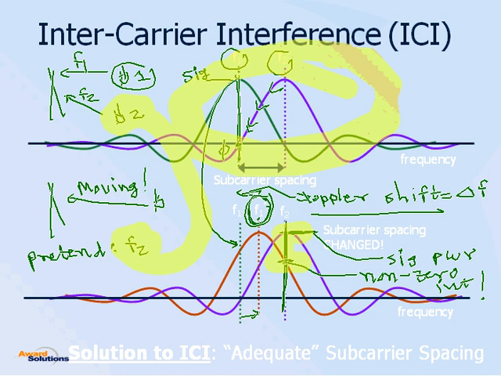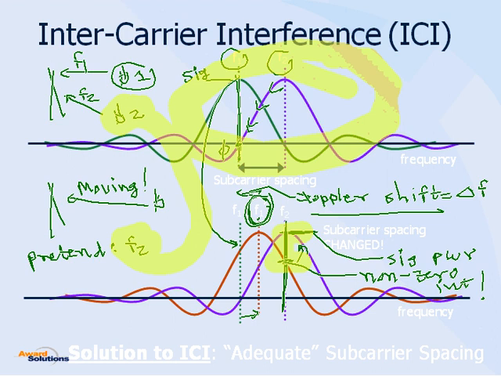And when that happens, the receiver has a tough time decoding the signal, because interference may come dangerously close to the signal. If interference is too much compared to signal, we cannot decode that signal. And then we may have bit errors, and the quality will go down. So basically, because of the movement of the users, we have intercarrier interference.